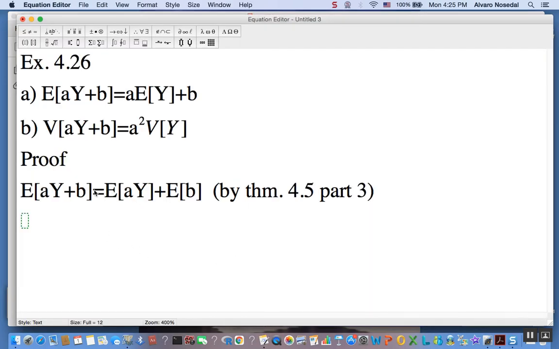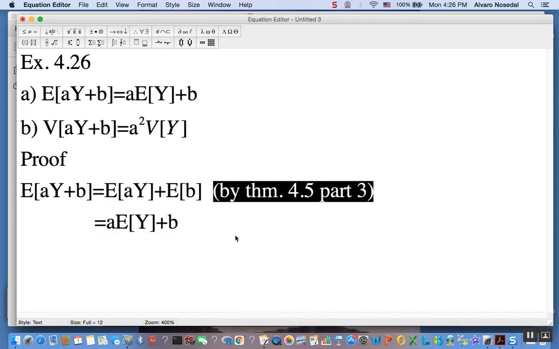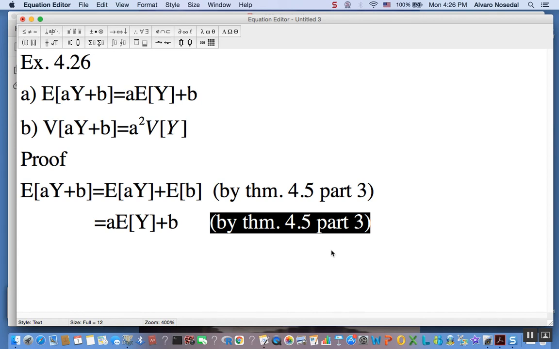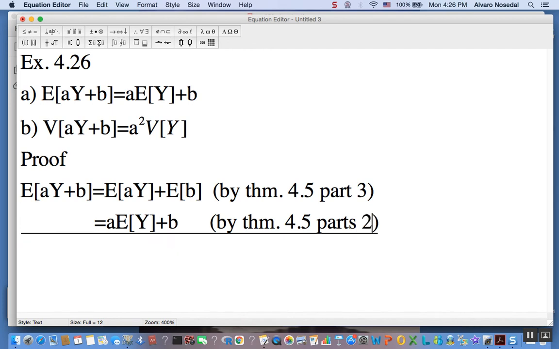So let me just copy and paste and say that by the other two parts we have what we want. By theorem 4.5 parts 2 and 1, and we're done. We have shown the first part.